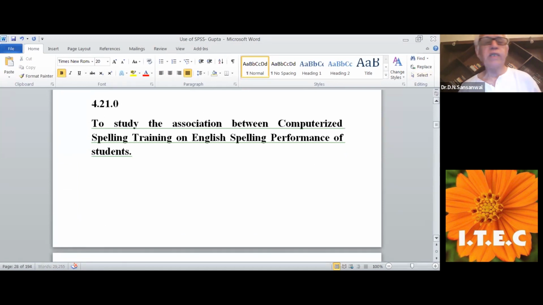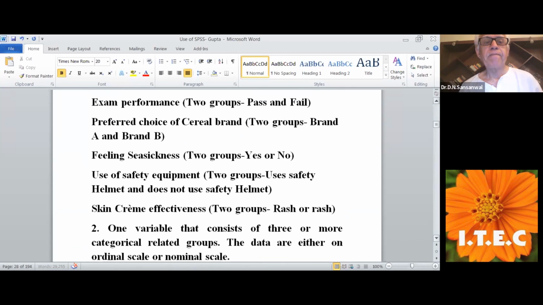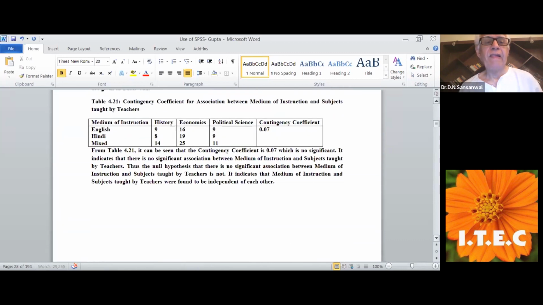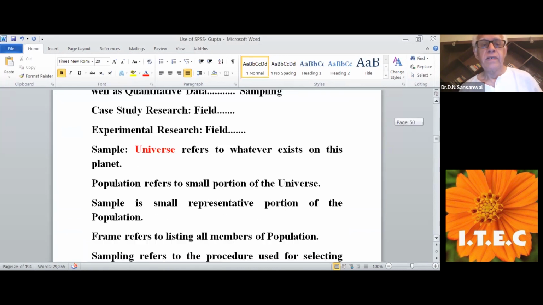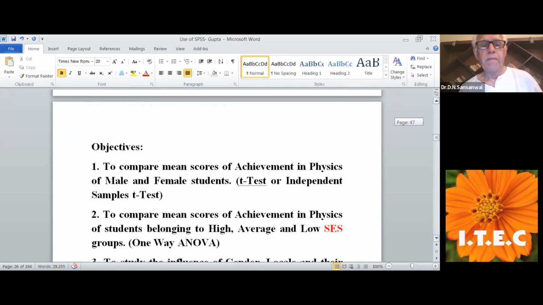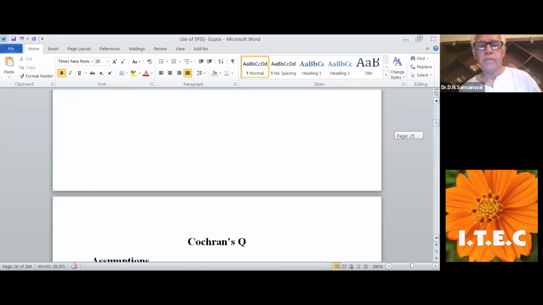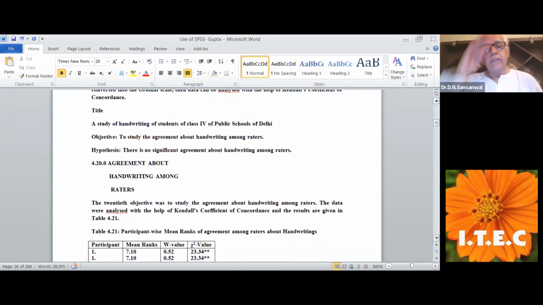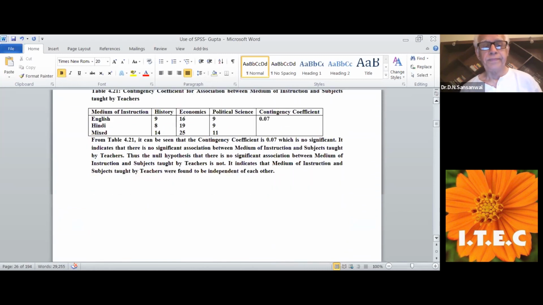Let me see whether 21 or 22. It is 22, not 21.